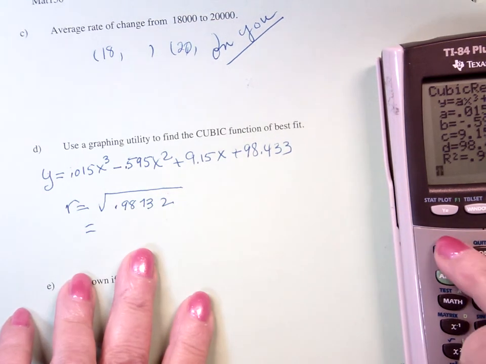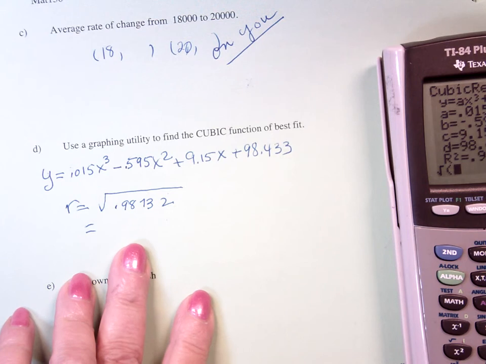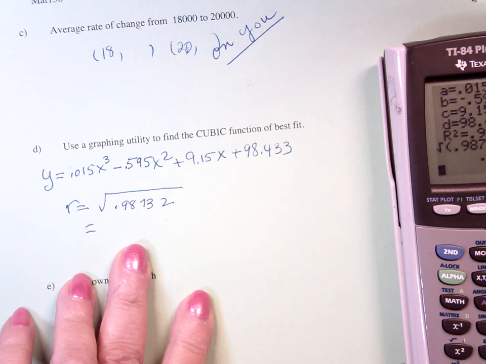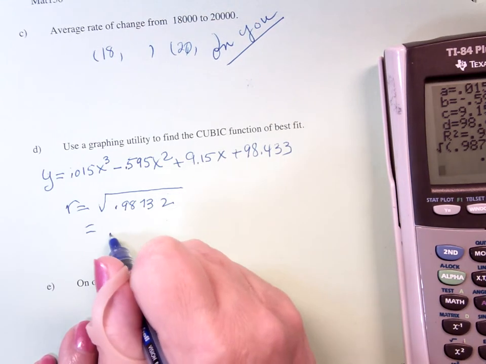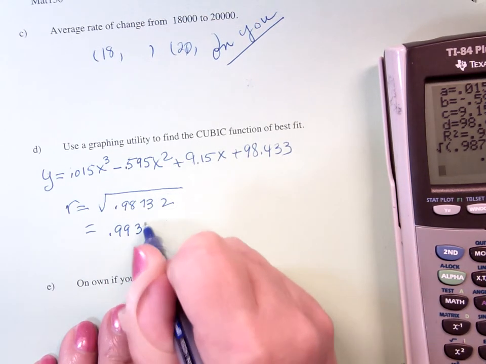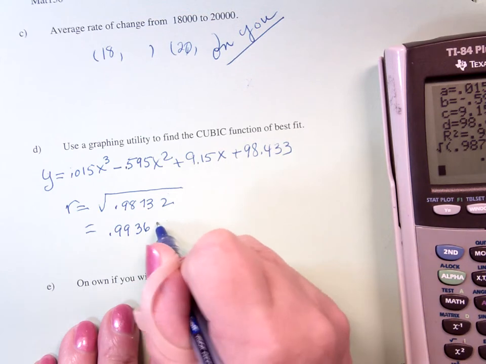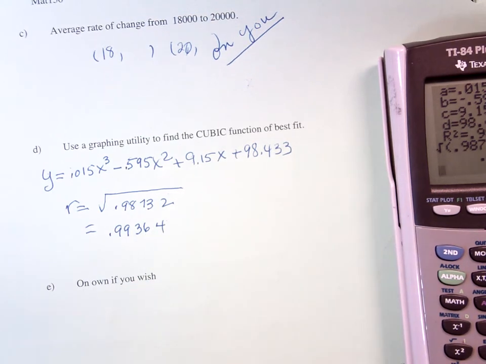So let's take the square root of 0.98732. And notice I gained another 9. 364. So it's not a bad fit, right? No. Not a bad fit at all. By the way, it may not be good enough if this is what I'm going to use to make projections, but it might be good enough, depending on what we're going to do with it.